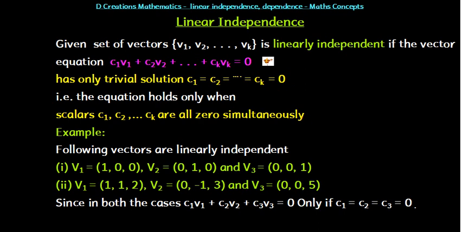Again, an example was given that if v1 is (1, 0, 0), v2 is (0, 1, 0), v3 is (0, 0, 1), this works out. Another example was given for which it works out as well.